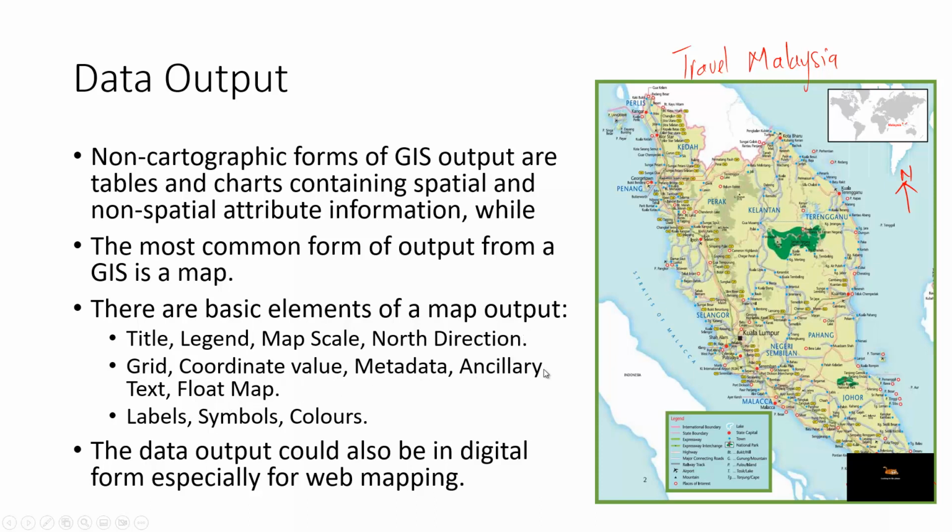This is the second level of basic elements. It is more sophisticated, more complex. So grid is the vertical and horizontal lines, which tell you the divisions of the study area.